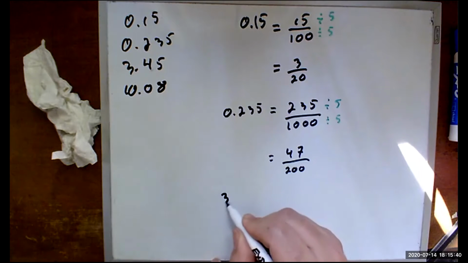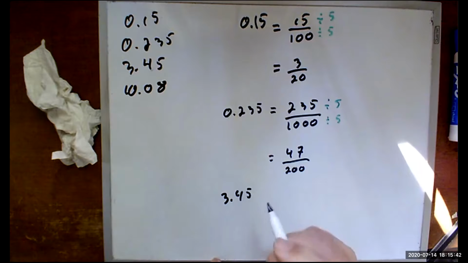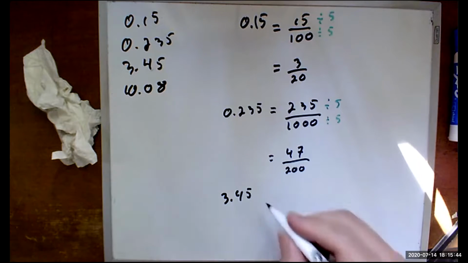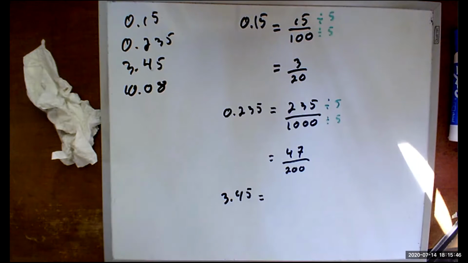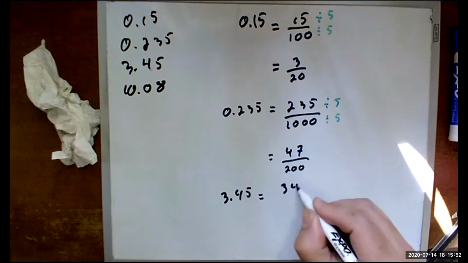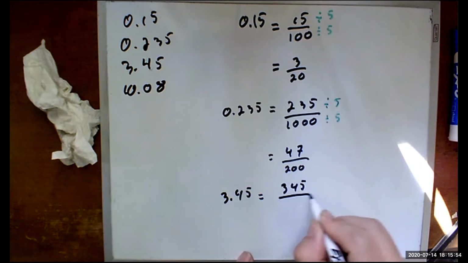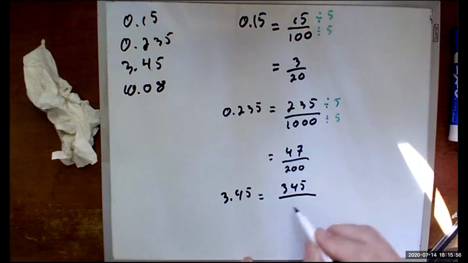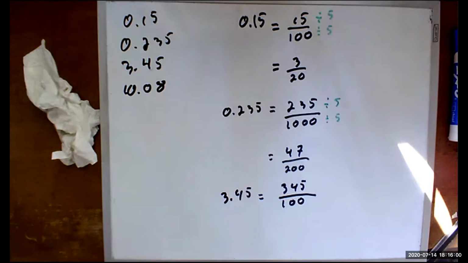For clarity, we're only counting the digits to the right of the decimal. So when we take a look at something like 3.45, I still only have 2 digits to the right of my decimal. So even though I'm writing 345 on top, I still only want 2 zeros.